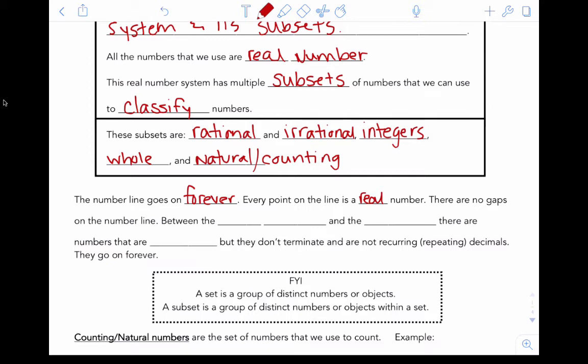Between those whole numbers that I showed, like 0 and 1, and all those fractions or decimals that I just showed, I showed 0.5, which is the same as 1/2, and I showed 0.25, which is the same as 1/4. Between all of those numbers that we're used to, there are numbers that are irrational.